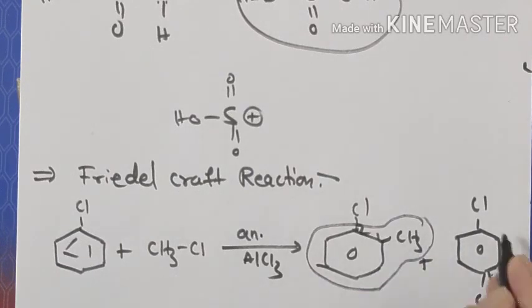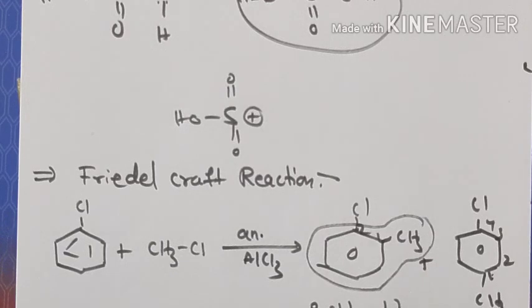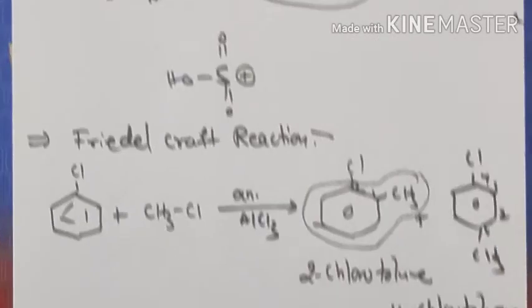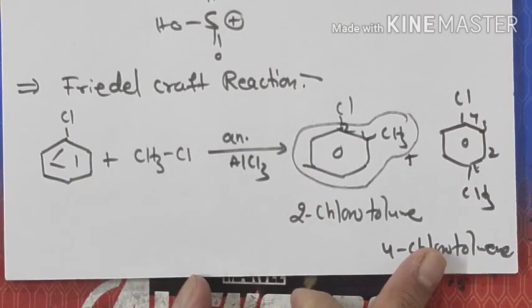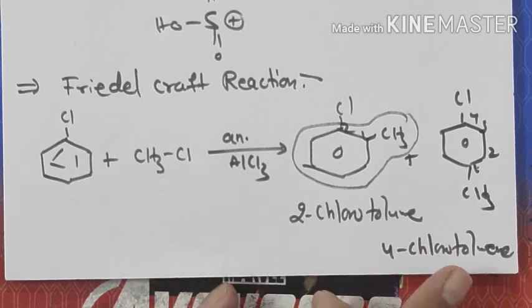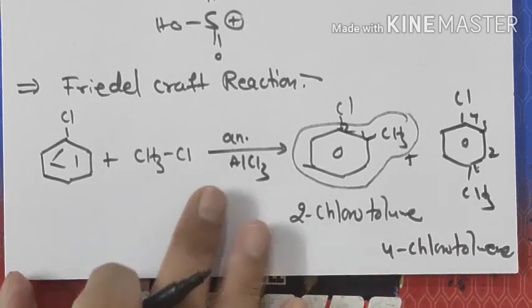And for the other, this is 1, 2, 3, 4, so this will be 4-chlorotoluene. Right? Clear and simple. I hope you understood this part.